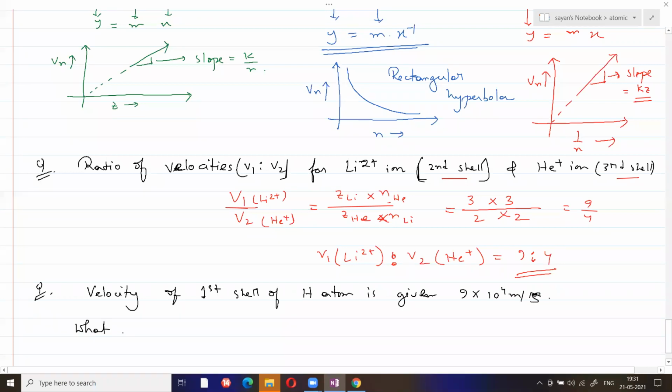What will be the velocity of second shell of helium plus ion? Solve it quickly. 1 minute. I will give you 1 minute time.